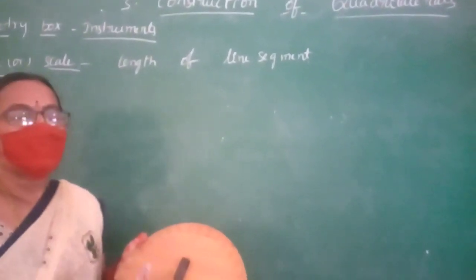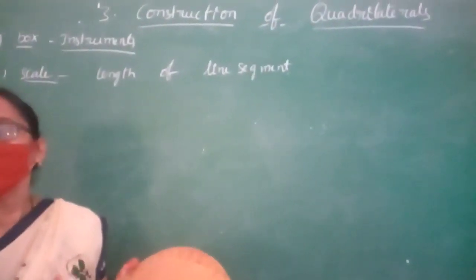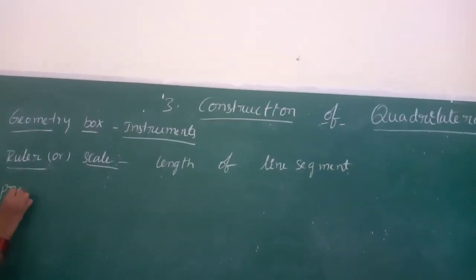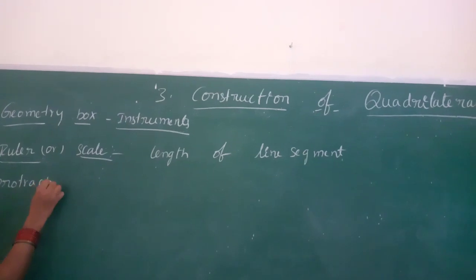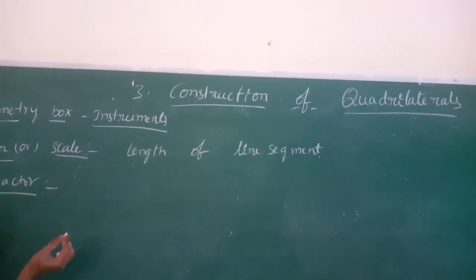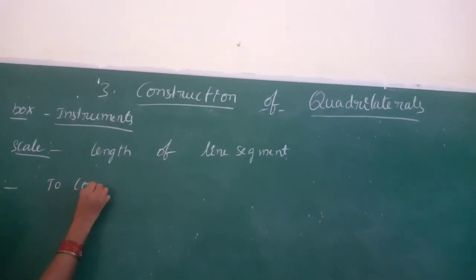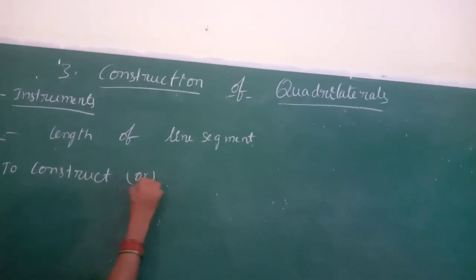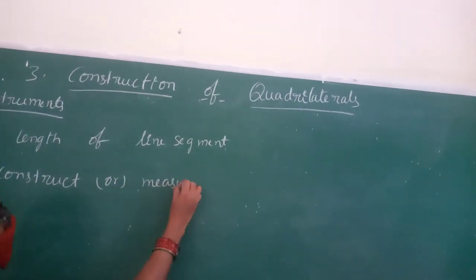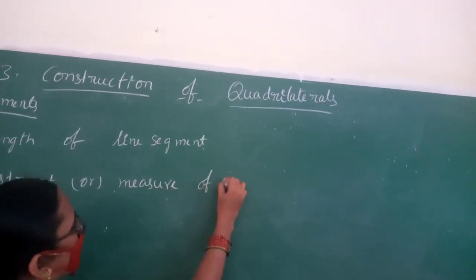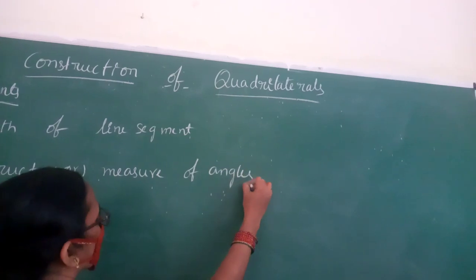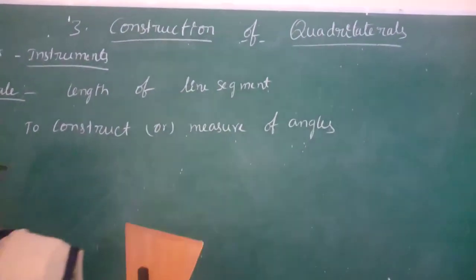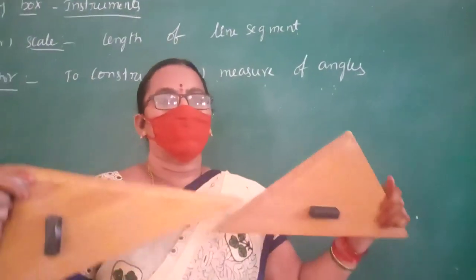To construct angles or measure angles. Write down: Protractor, to construct or measure angles.